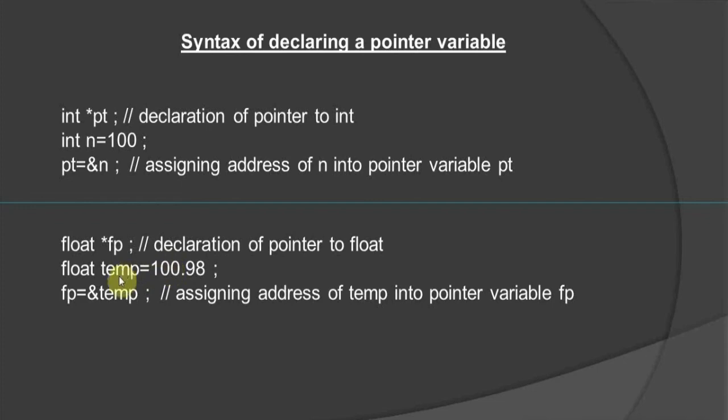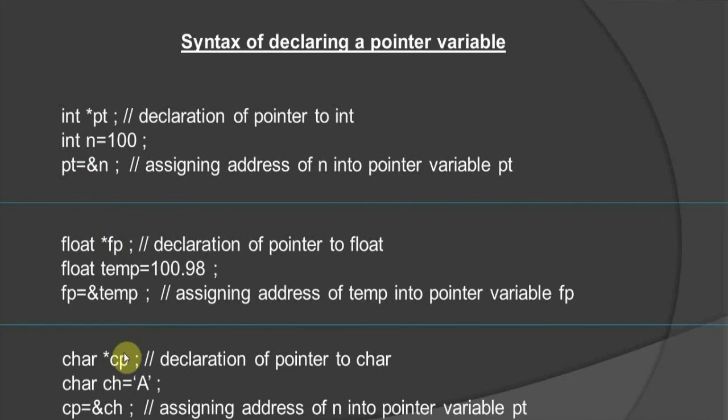Then in the following statement I have written fp is equal to ampersand temp. Ampersand temp means the address of temp, not the value of temp. The address of temp is stored into the pointer variable fp. So always remember, whenever an ordinary variable is preceded with the ampersand symbol, that denotes its address and not its value.